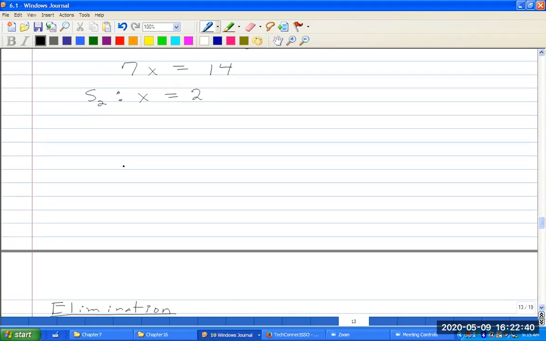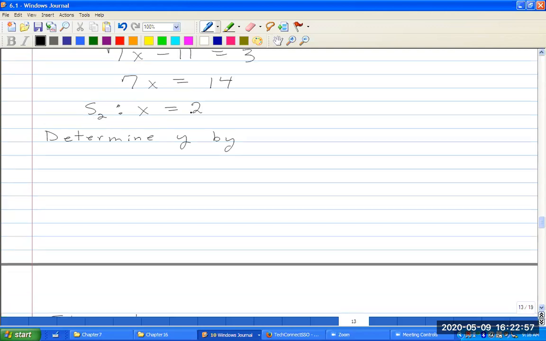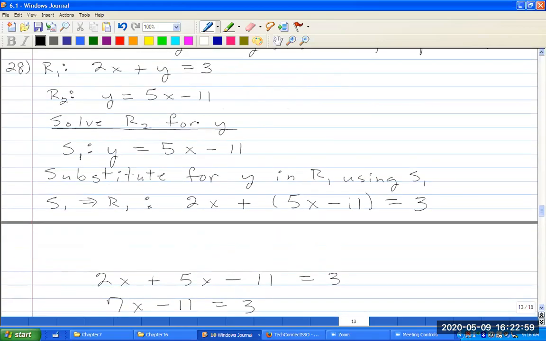So now I know what x is. Let's figure out y. I will determine y by using S2 and plugging back into S1.